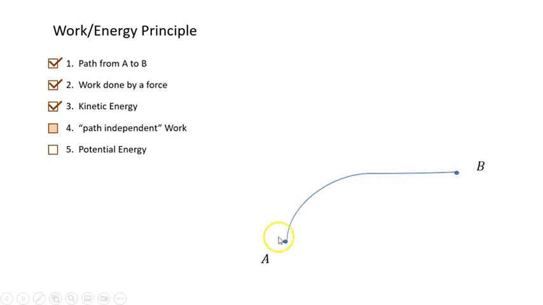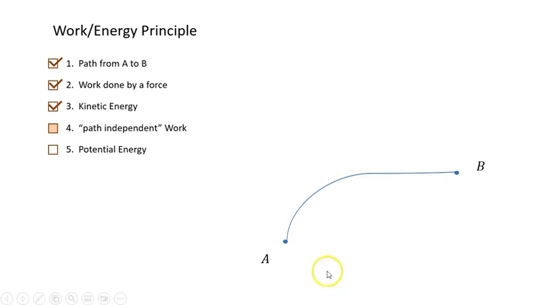Now, here's another path from point A to point B. What we're after here is to understand that work actually depends on the actual path traveled, because you're taking path elements and looking at the force at that location, getting tangential components of force and summing up as you go.